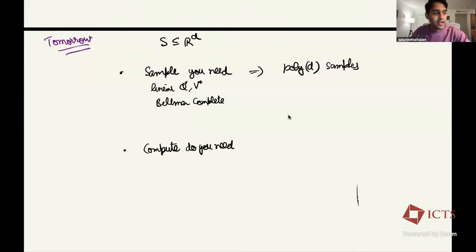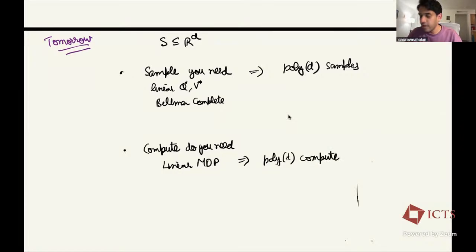A lot of people have worked on this, and one thing we know is that if you assume the transitions are linear, then you can get efficient compute. But like I said, transitions being linear is a really strong assumption.